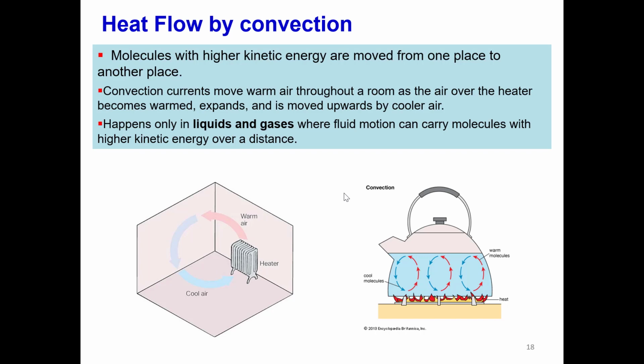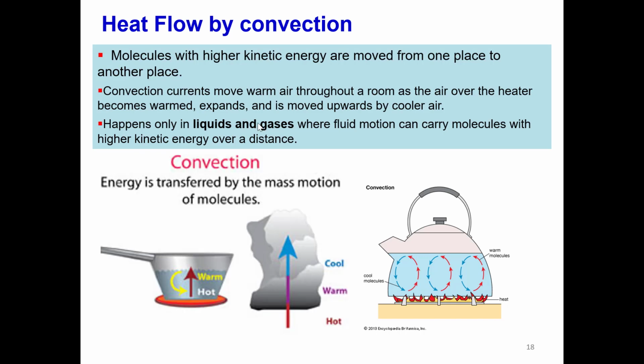This is why heat flow by convection happens only in liquids and gases, because in this case the energy is transferred by the mass motion of the molecules, and the mass needs to move to flow, and that happens only in liquids and gases.